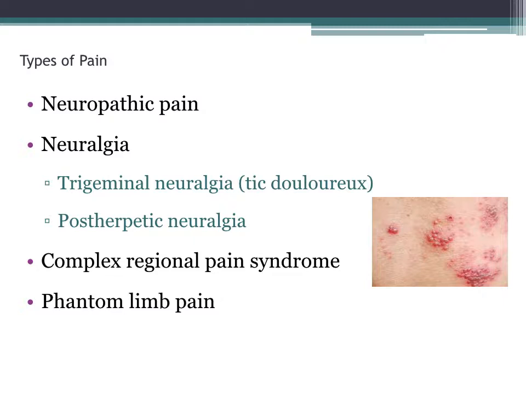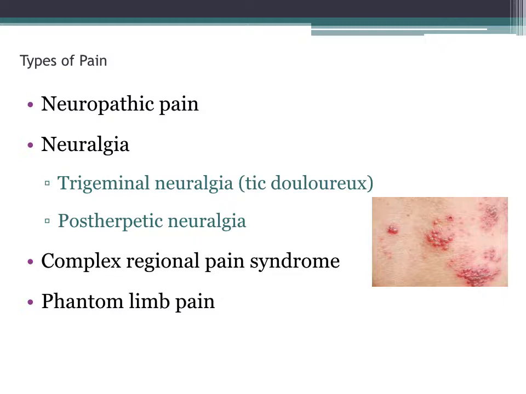Postherpetic neuralgia is when somebody's had chickenpox. Chickenpox is caused by herpes zoster, and in most cases, these occur in the elderly because as we age, our immune system is not able to keep that infection under control anymore.